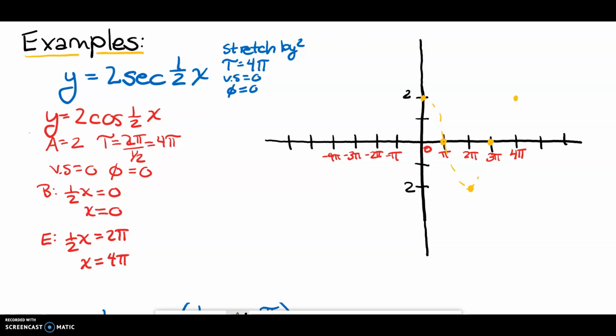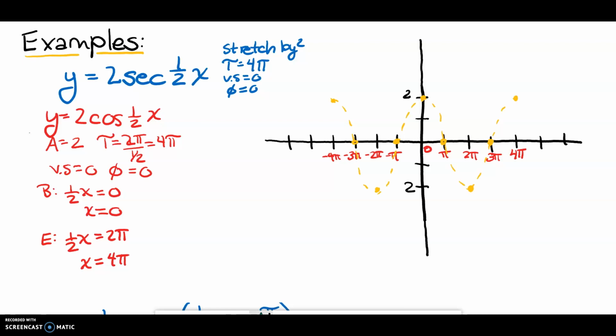So when I graph this, it looks like this. So when I do the same thing on my other period, my cosine function looks like this. So now let's go ahead and draw in.